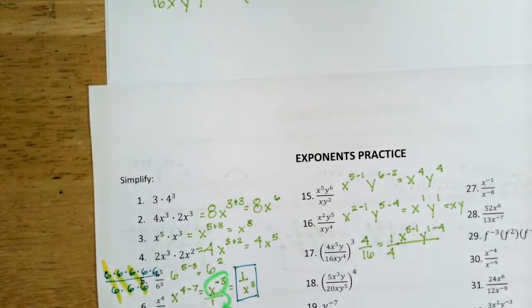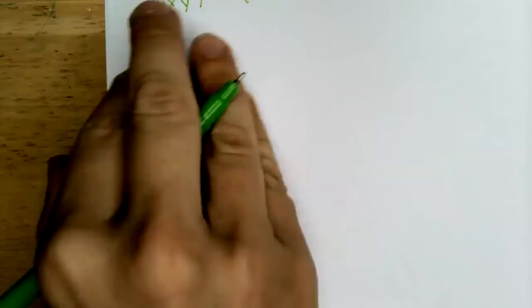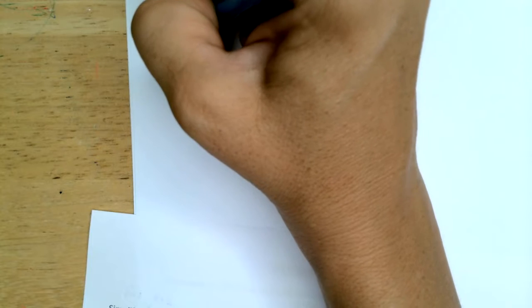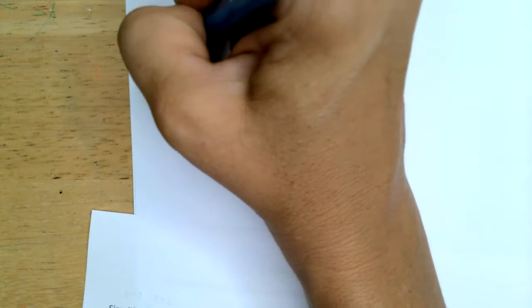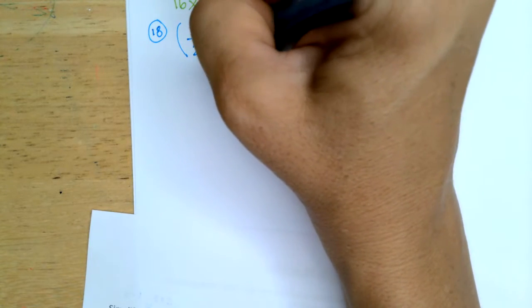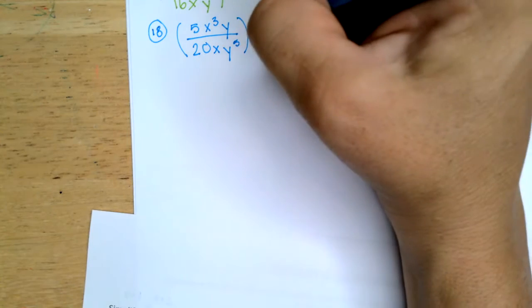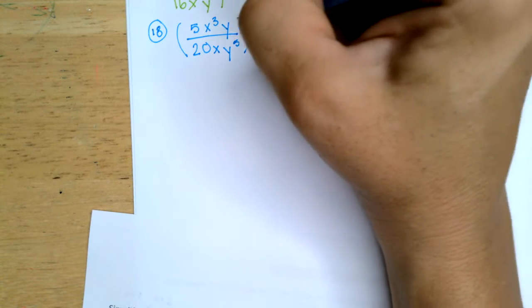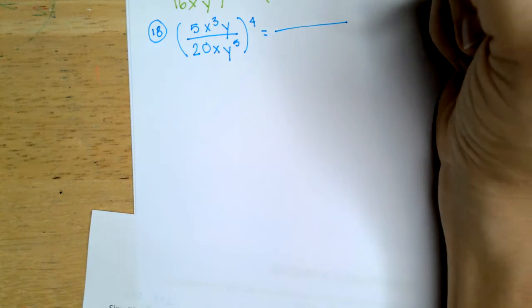So that was 17. 18 is similar. 18 is 5x cubed y over 20x y to the 5th, all to the 4th. Good. So we have 5 and 20.